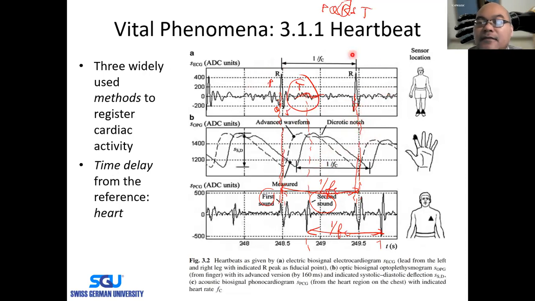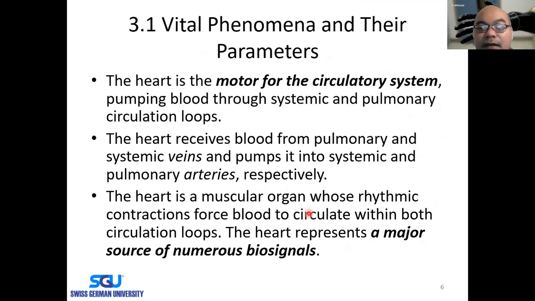This is the electrical waveform from ECG, this is the optical biosignal from the optoplethysmograph, and this is the bioacoustic signal from the phonocardiogram. All three originate from the heart, which is why the heart is a major source of numerous biosignals.